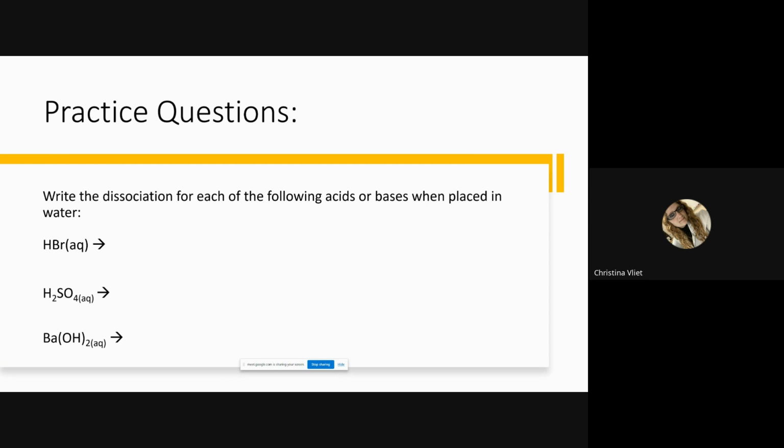You may want to pull out your polyatomic ion sheet. Okay, so I'm going to go ahead and give you the answers if you weren't able to get it.